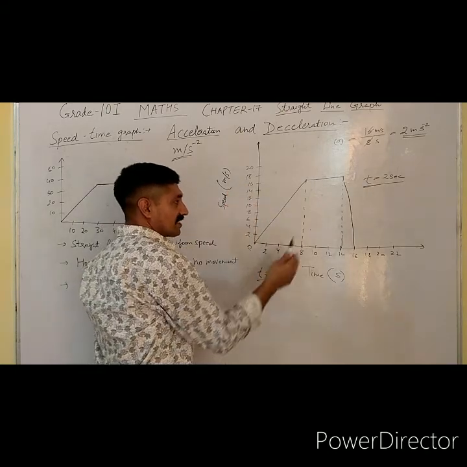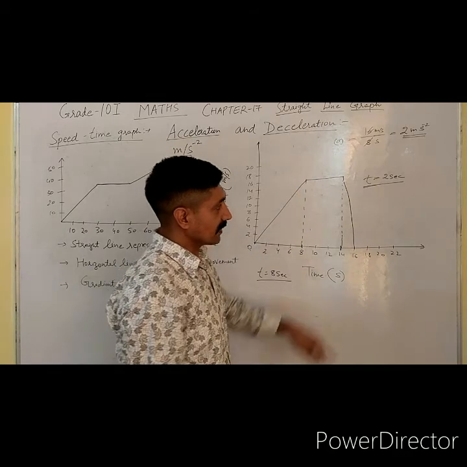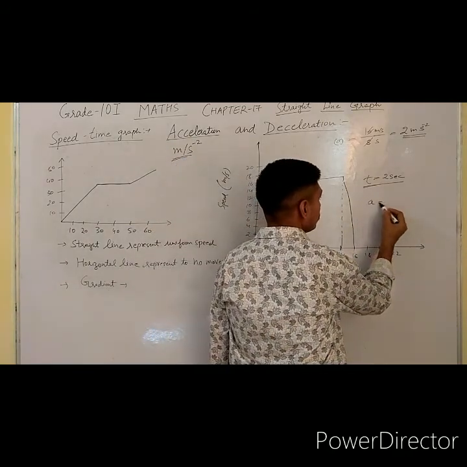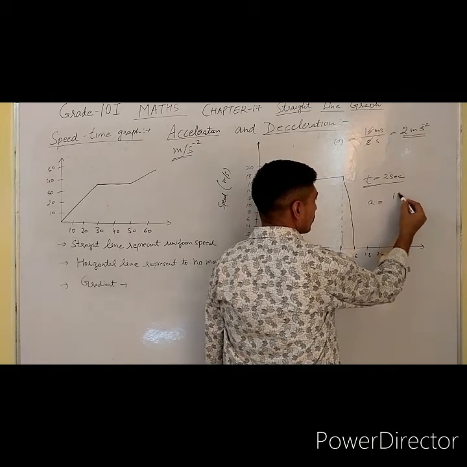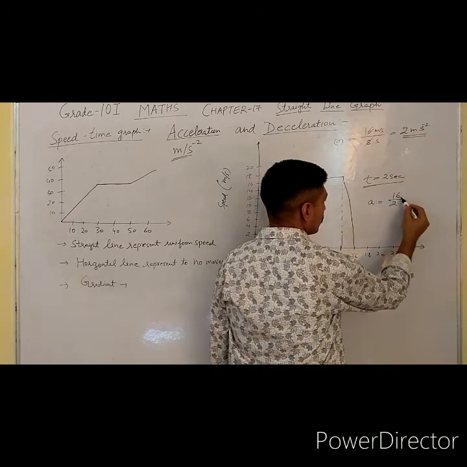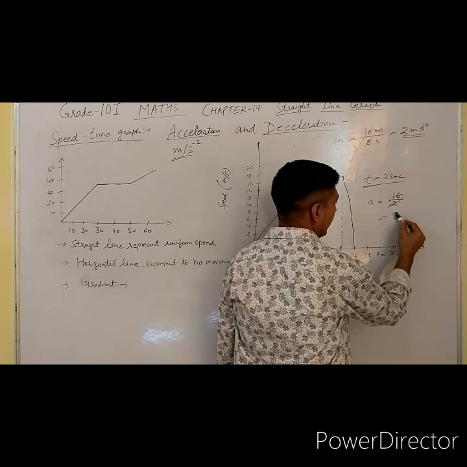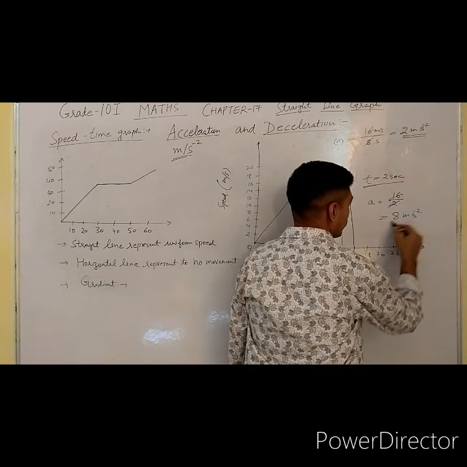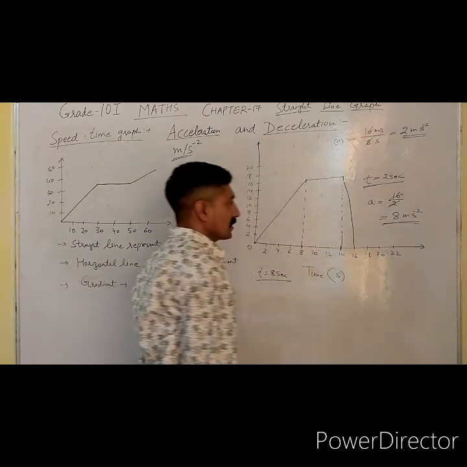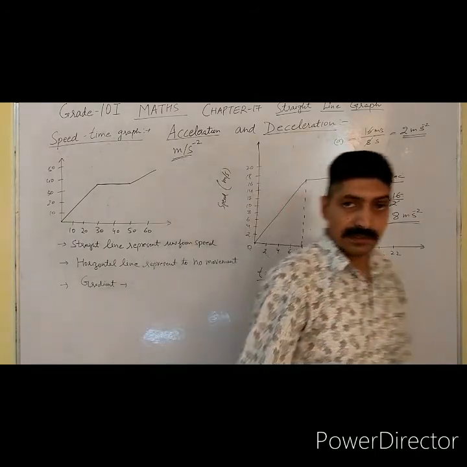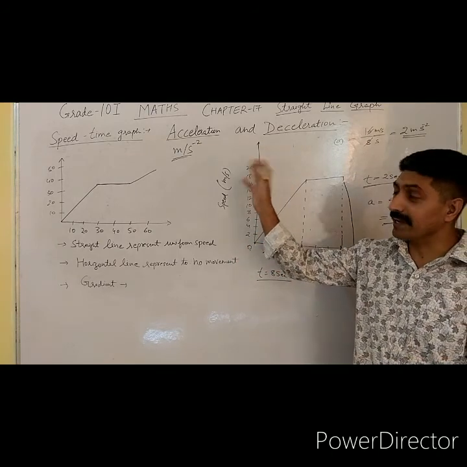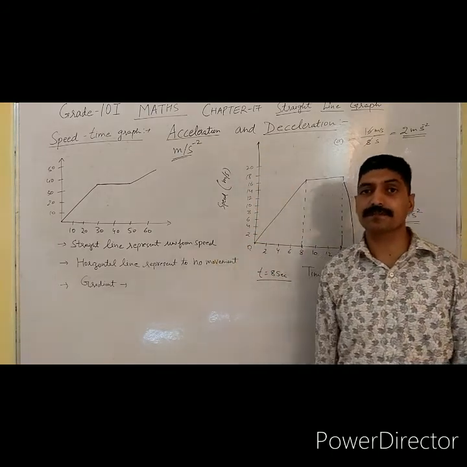So the acceleration is 16 divided by 2, which is equal to 8 meters per second square. So this is the concept of acceleration and deceleration.